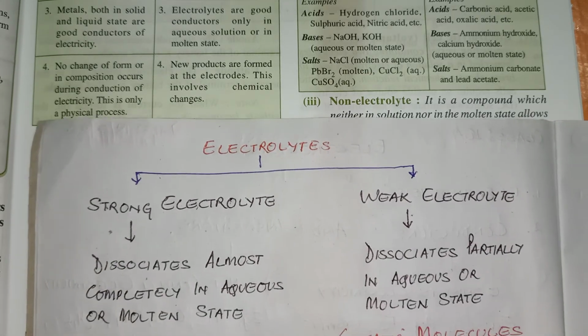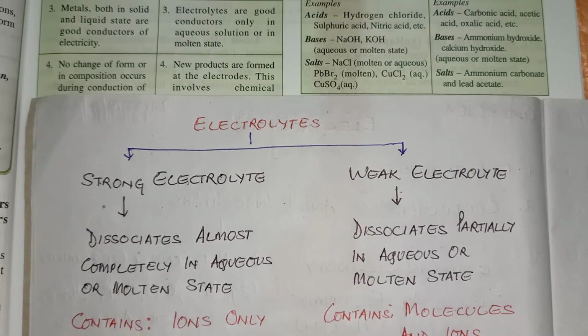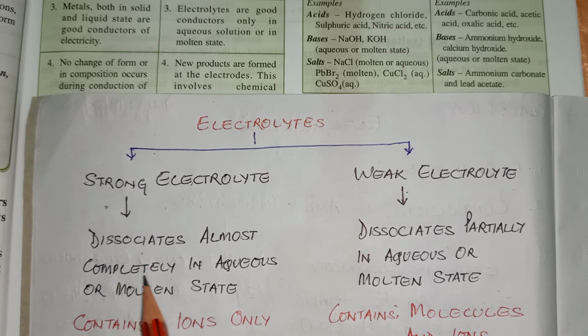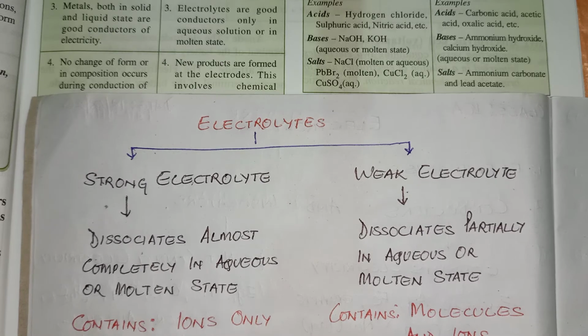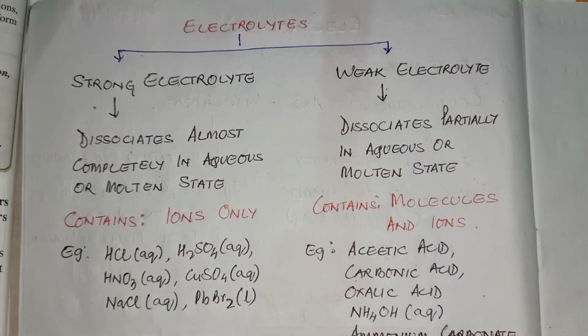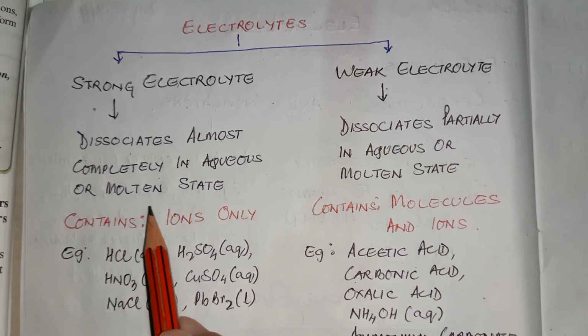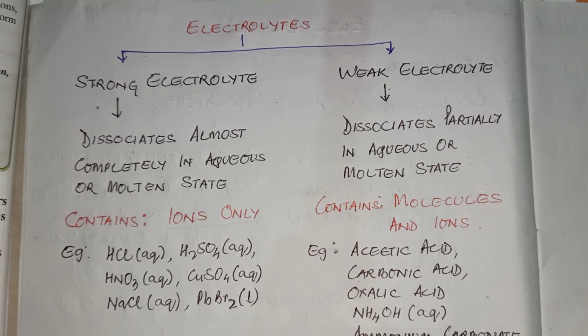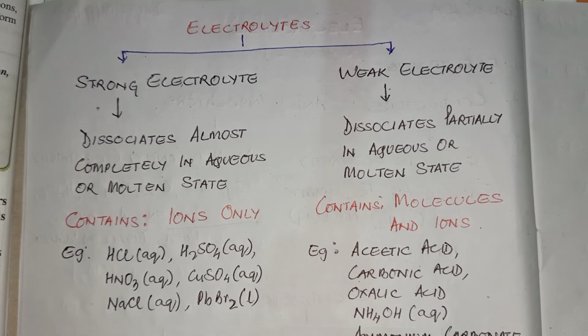Strong electrolytes are those electrolytes or compounds which dissociate almost completely in aqueous or molten state. They break down or separate into their ions completely in their aqueous or molten state. Therefore, they contain ions only. So strong electrolytes are those which contain ions only in their aqueous or molten state.